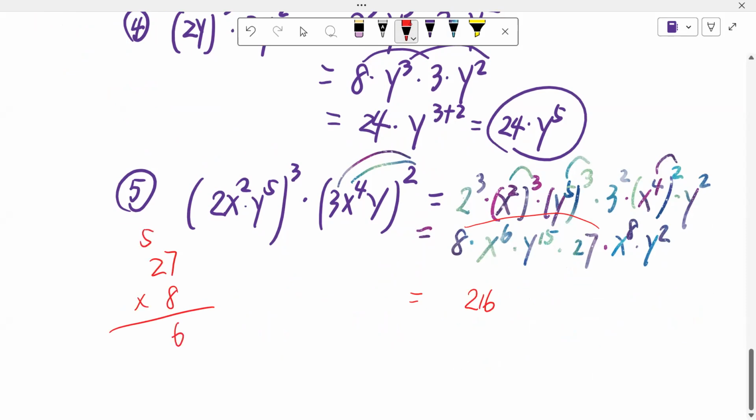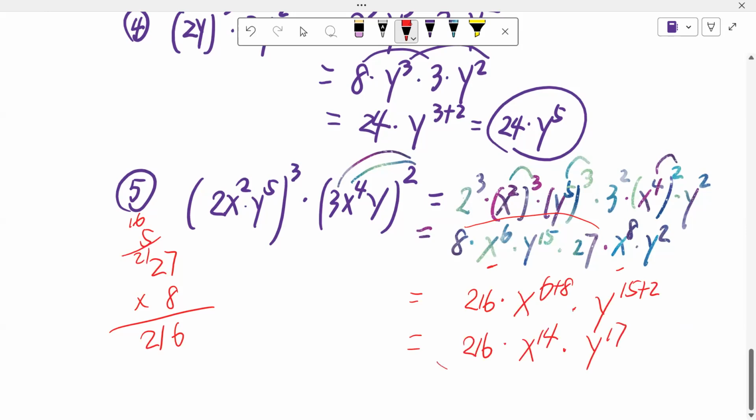Carry over 5, 2 times 8, 16, 16 and 5, 21. 216. And for the x, keep the base x, adding exponents, because we multiply two exponents with the same base. For the y, keep the base, adding 15 and 2. So we get 216, x to the 14, and y to the 17. That is the final answer. Any question about this?